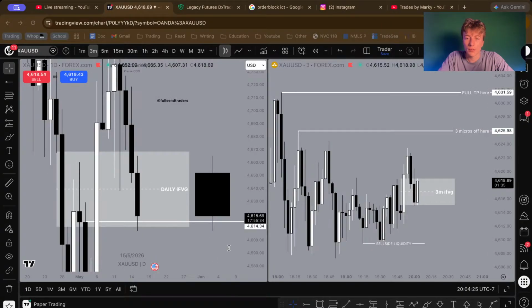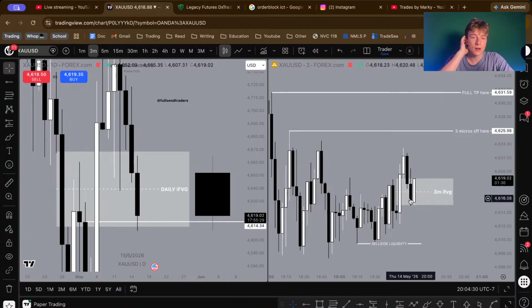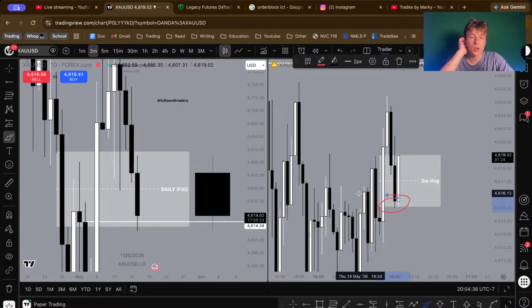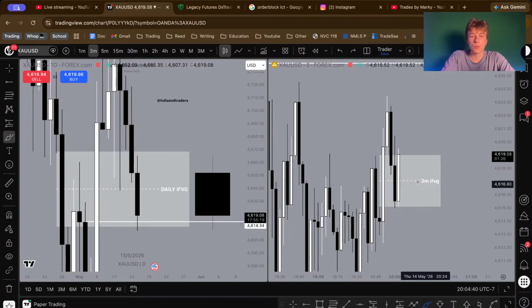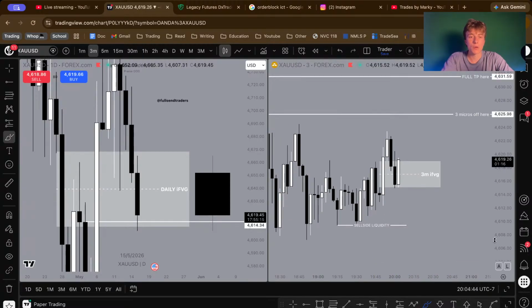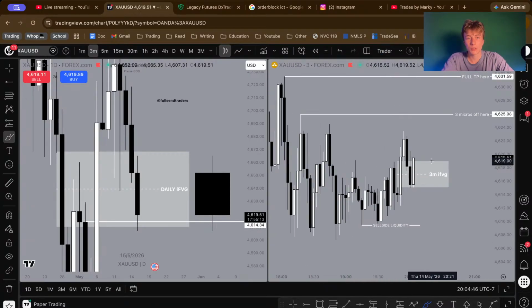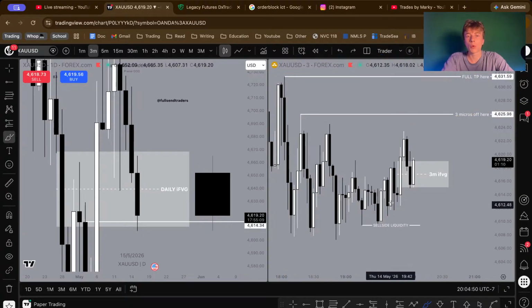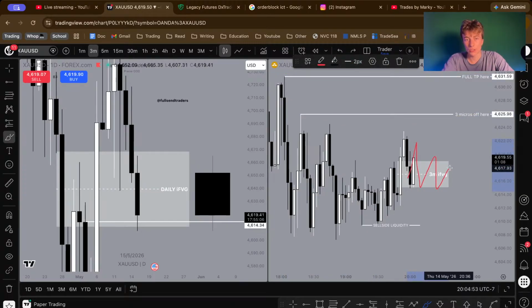Let's go. I think now we need to wait for bullish confirmation. Like I said, I'm not going to be entering again. But you can see that we did not close below this gap. We stuck inside of it. Our stop loss was right around the lower portion of it. We manipulated to the bottom of this gap, we filled it up, and now we're rejecting from it. I just want to see if we are going to run and take these highs finally, or whether we're going to stick inside of this range.